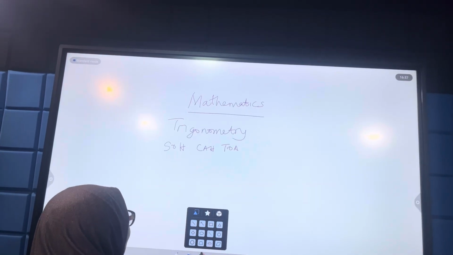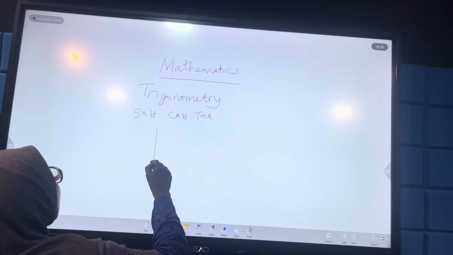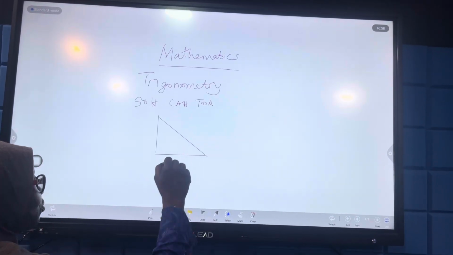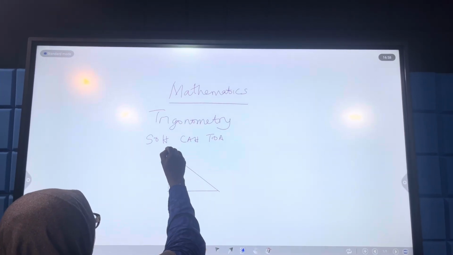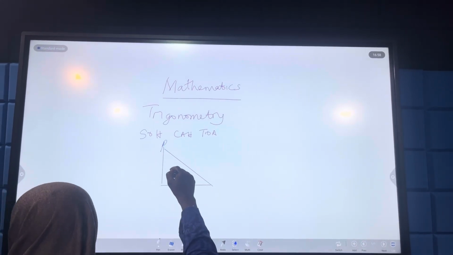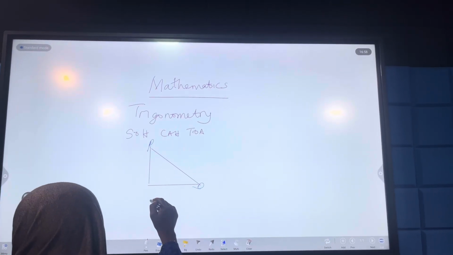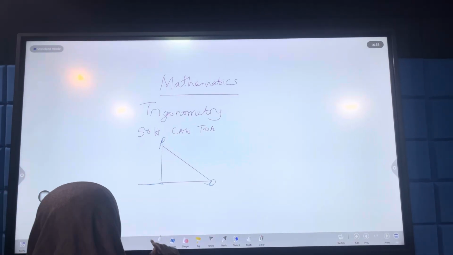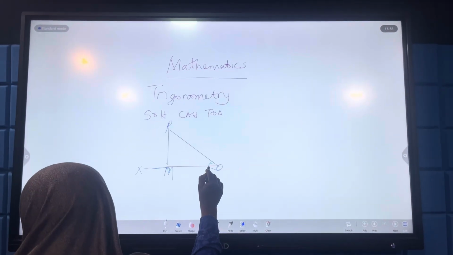Let me quickly go to shapes to talk about how we can draw the angles. Let's say I have a straight line, another straight line, and this another straight line. This forms a triangle for me. In these shapes, I have P, then O, and let us call this place N. So at this angle, this is the angle we are referring to.